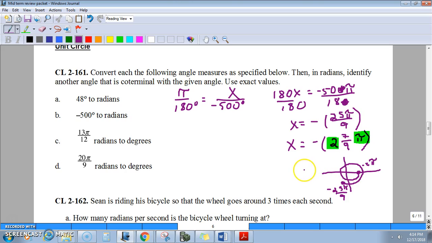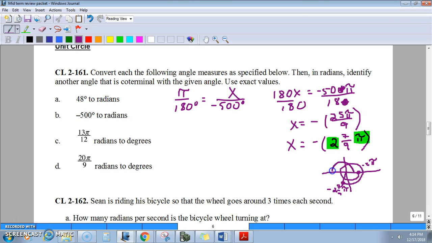Okay, and a coterminal angle, let's go back to that 2 7/9 pi, I like to use that better. I could go positive and hit that same angle, right?